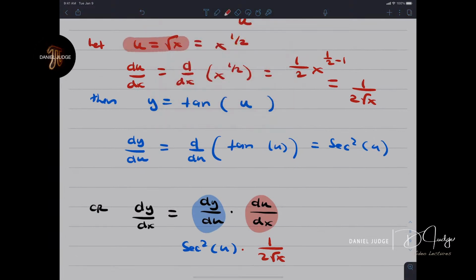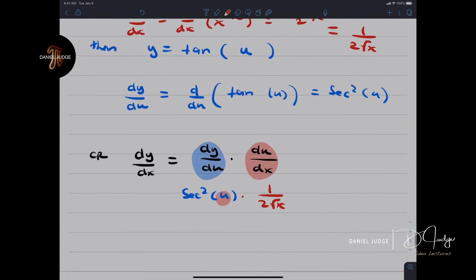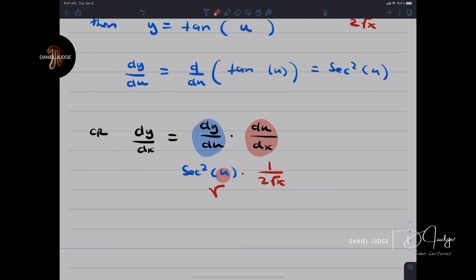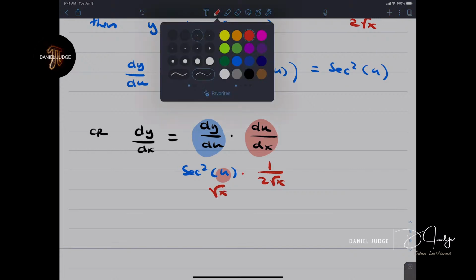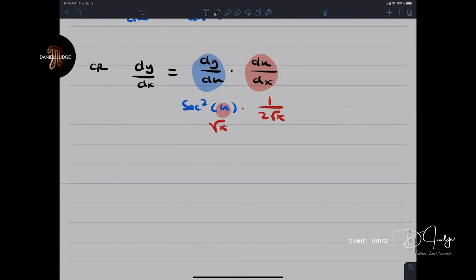Don't forget u. This u is the square root of x. Replace my u with the square root of x so that we have y prime equal to secant squared square root of x times 1 over 2 square root of x. Now, this is function notation. You could not cancel.